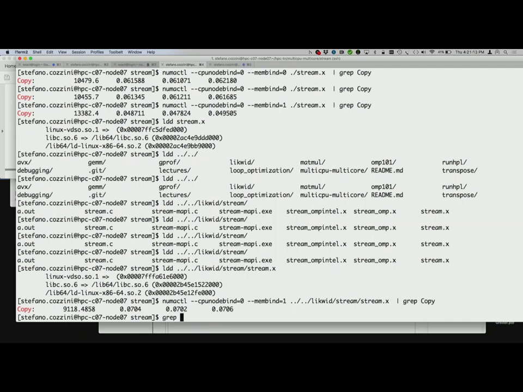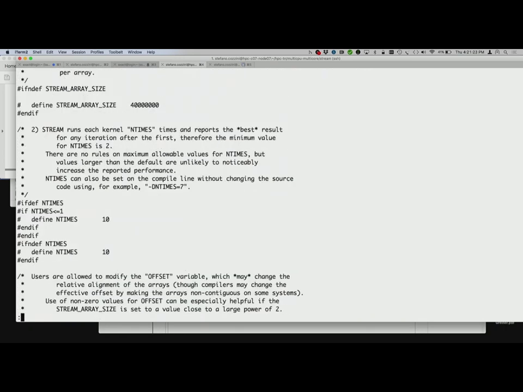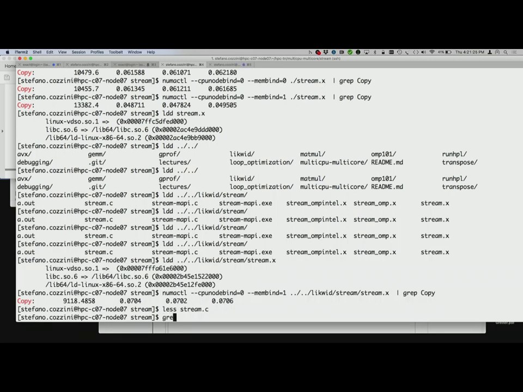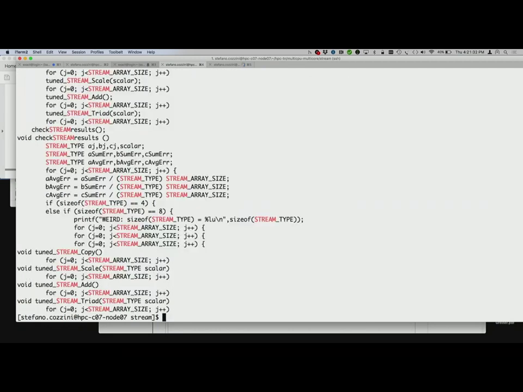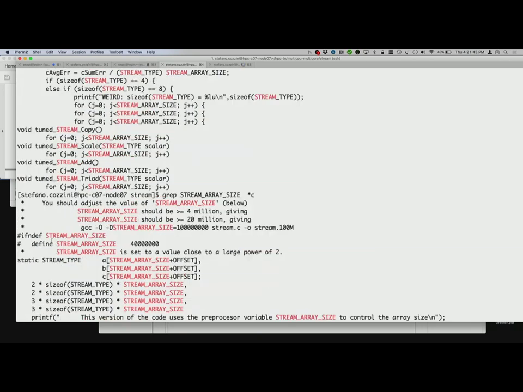Grep stream array size. Grep stream. Define.